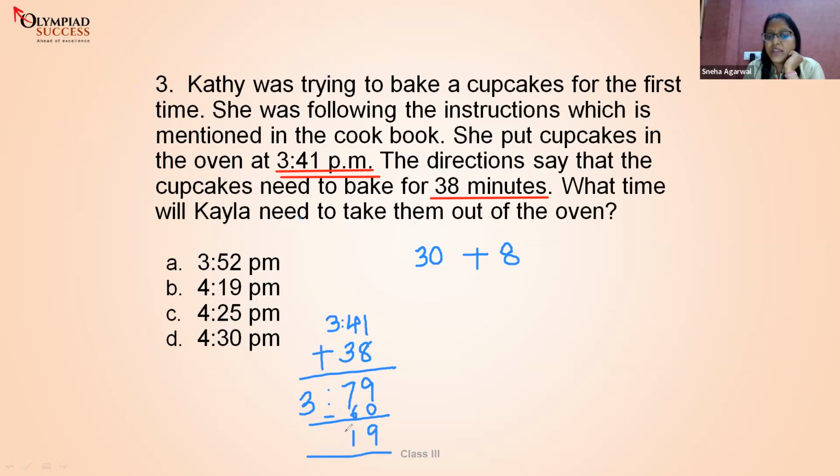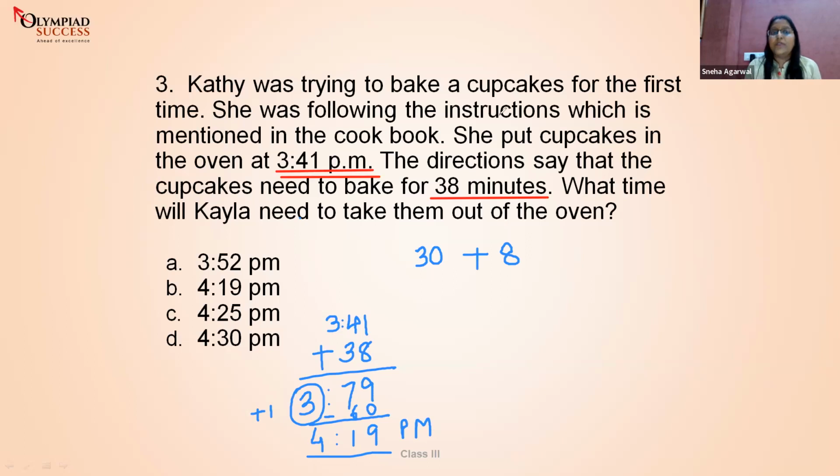So you are left with 19 minutes, and since the hour gets changed over here, we add plus 1 to it. So this becomes 4. So this will be 4:19. That means she is taking out those cupcakes from the oven at 4:19 p.m.